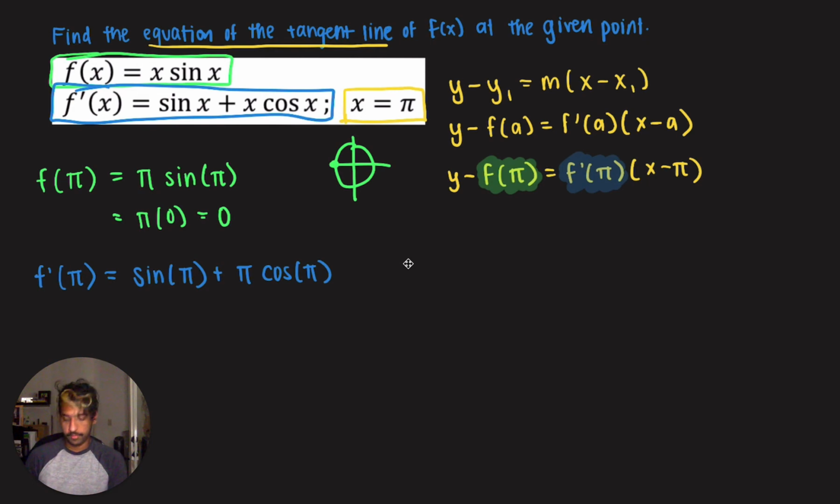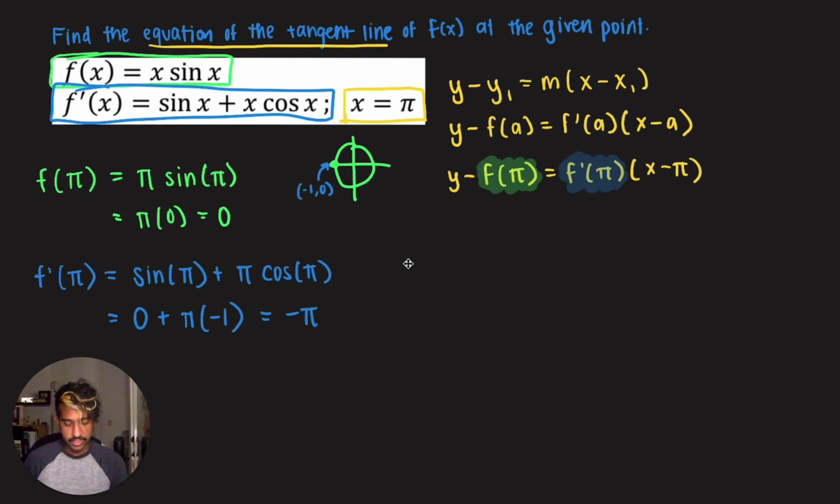We already saw in the previous question that sine of pi is going to equal 0, and here, cosine is negative 1, because it's negative 1 comma 0 on our unit circle. So this will be plus pi times negative 1. Well, negative 1 times pi will give us negative pi. And so I see that f prime of pi is negative pi, and f of pi is 0.